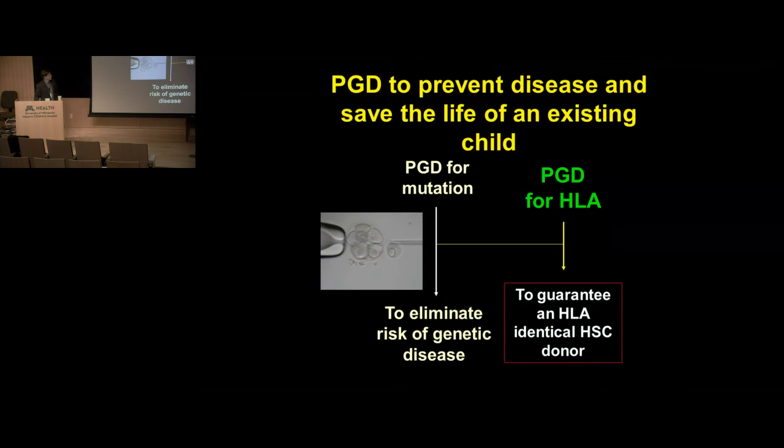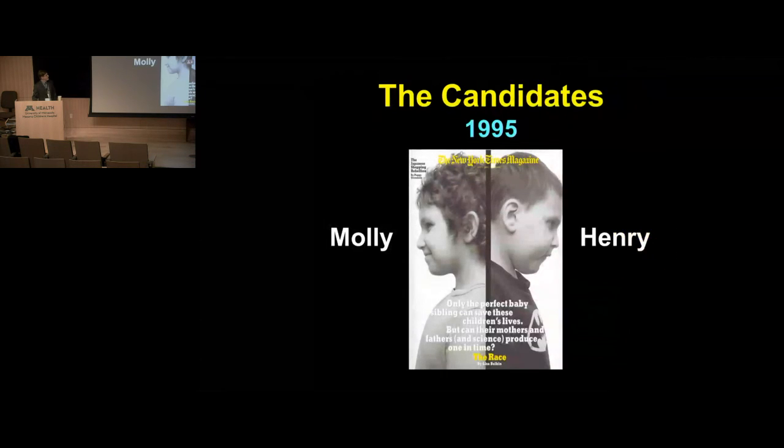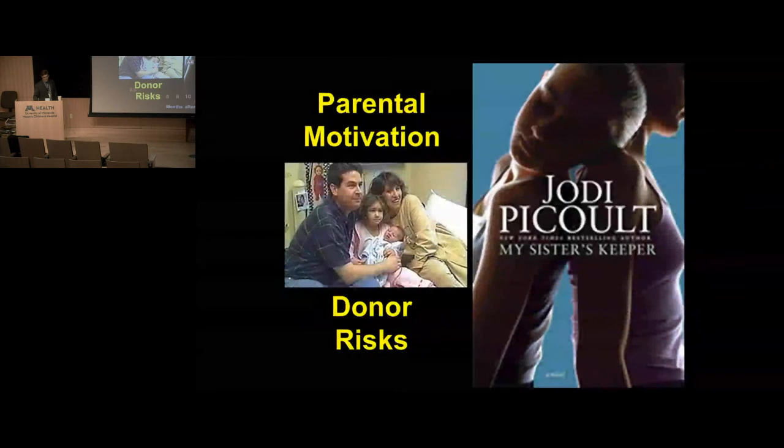And then this led to the pre-implantation genetic diagnosis that we do, the Save Your Sibling, but now doing it molecularly so we can guarantee the right outcome of both a healthy child without FA and one who is also HLA matched. These were the two children that we did first, both with Fanconi anemia FANC-C mutations. It succeeded in Molly, it failed in Henry, but yet it changed the way we practiced medicine at that point in time.